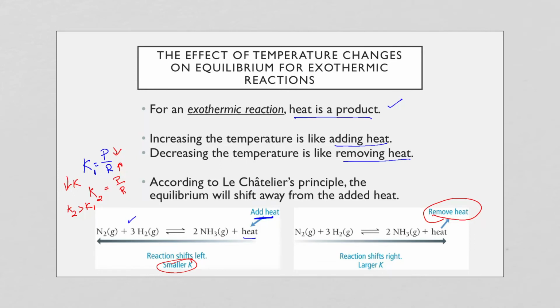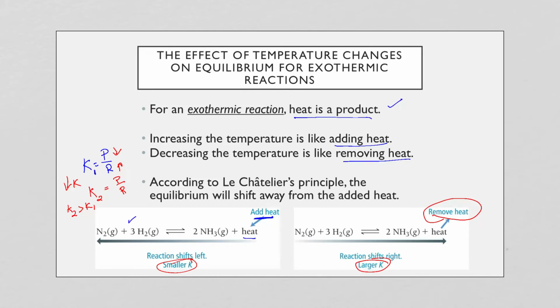It's going to raise P, lower R, which is going to increase our P to R ratio, making K bigger. And so lowering the temperature of an exothermic reaction is going to result in a more product-favored reaction, of course, with the larger K.